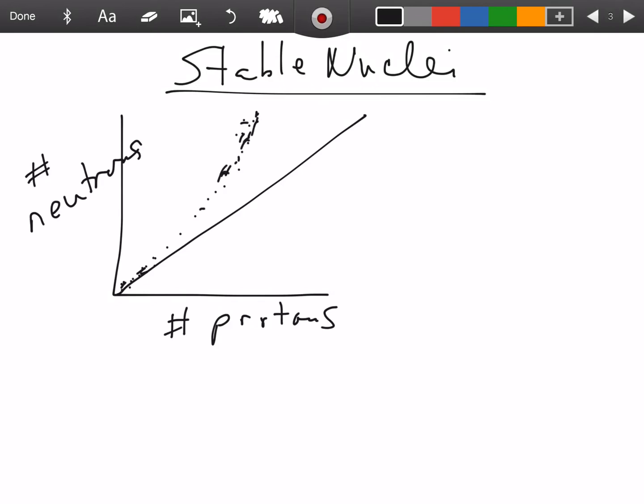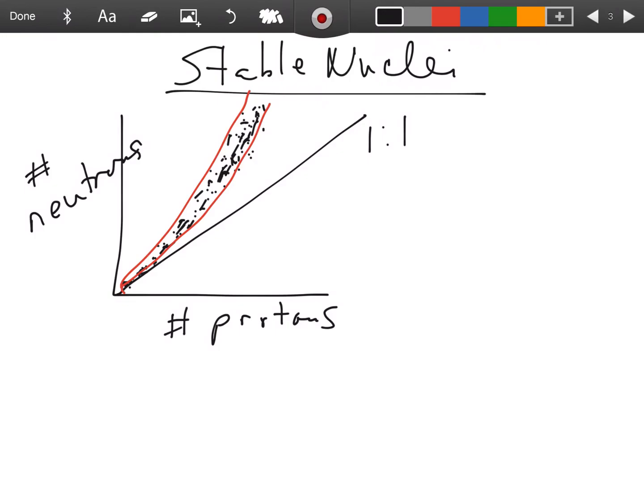And we find that this band of stability kind of goes something like this, where all these nuclei are stable, sort of in this band. So if I were to take a look at that band, it would go up like that, and it'd fall away from that 1-to-1 line that we see drawn in here.